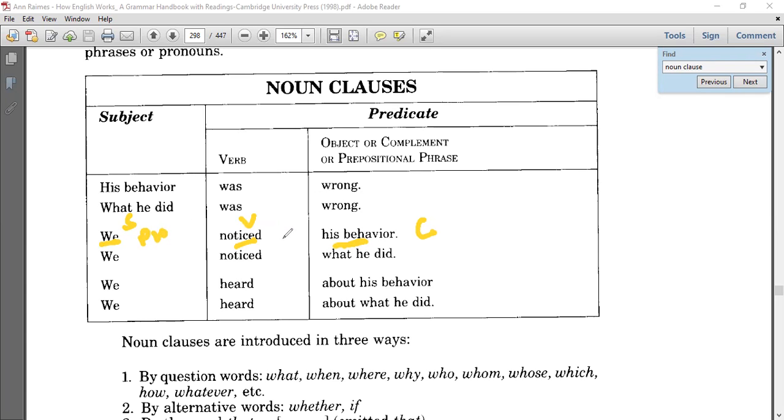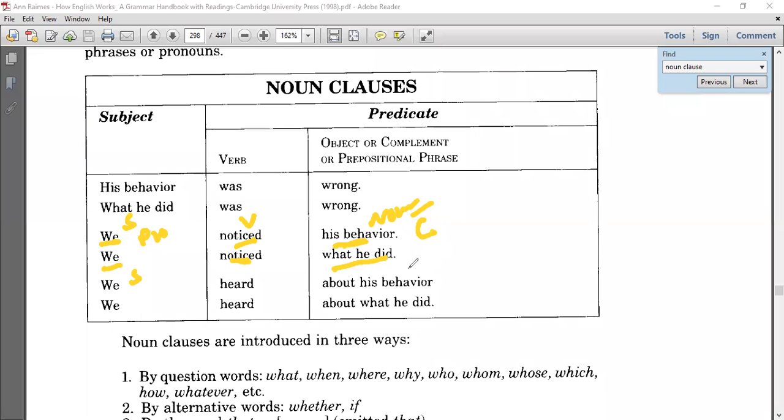This is, of course, a verb. This is, once again, a noun phrase, right? Okay, fine. But what about this one? We noticed, okay, this is the subject, and this is just one word or a phrase. This is what? A verb, okay, fine.